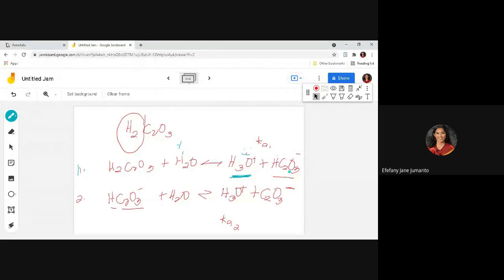And then what about your conjugate acid? Sa ilahang duha, kinsay nag-act as acid para ma-form ani nga product? Ang HC2O3, ma'am. Sa first one, ma'am?